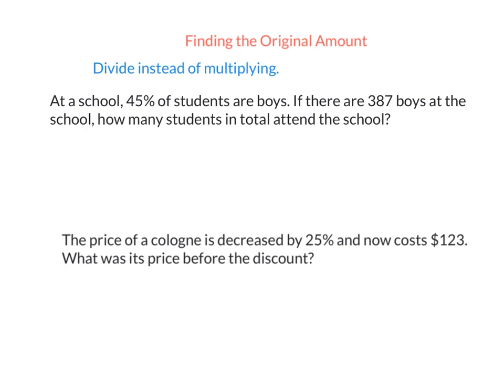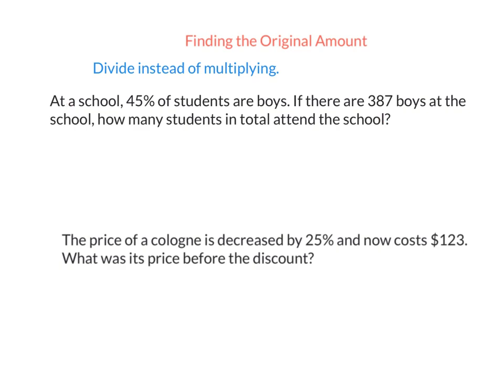So think back to the previous examples. When we were finding a percent of a quantity, we timesed the quantity by the fraction or decimal. We timesed when we were increasing or decreasing by a percent. But when we're finding what amount we started with, we divide instead of multiplying.